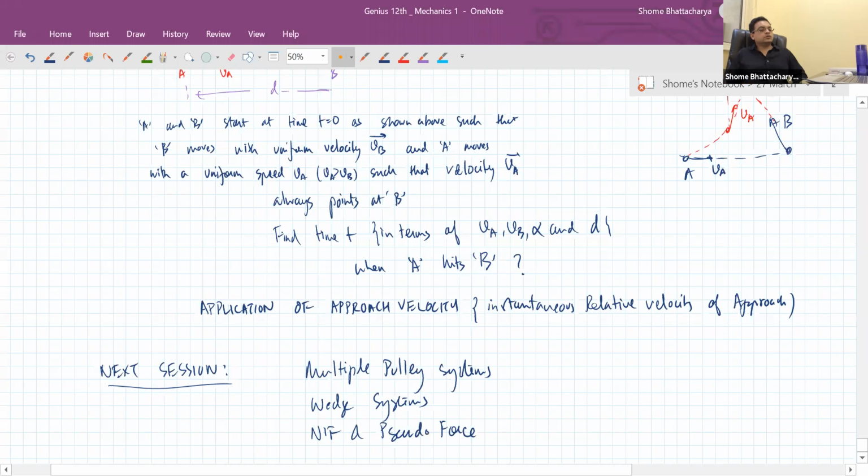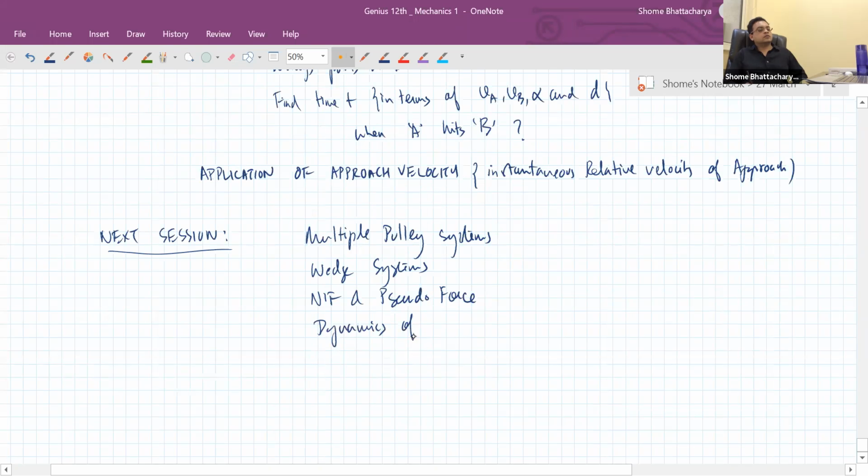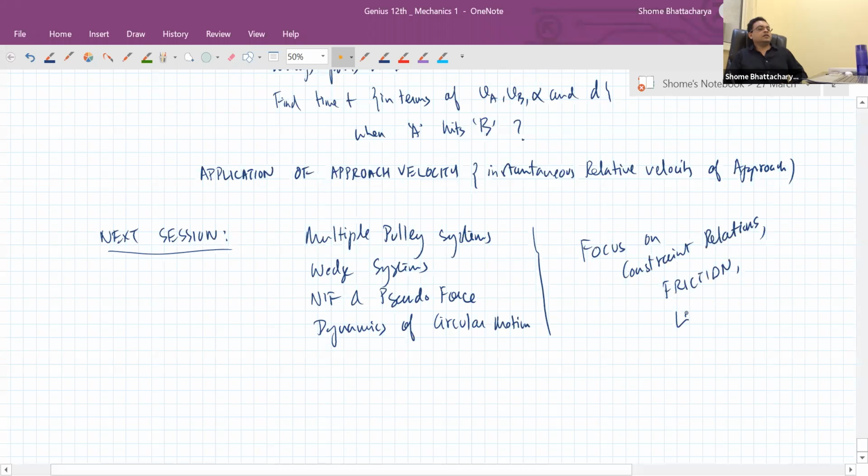Okay, and also dynamics of circular motion, with focus on constraint relations, friction, limiting conditions, and so on.